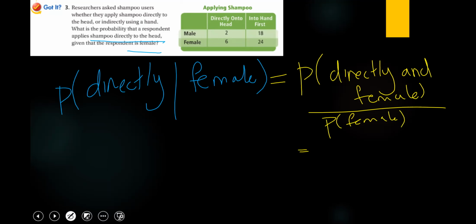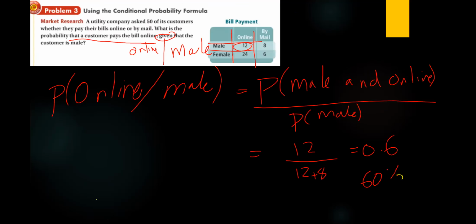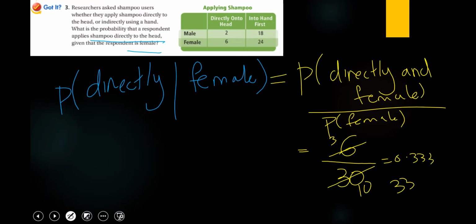What is the probability that they apply the shampoo directly and female? 6, bravo. And they are female? 30. So we have 3 over 10. So it is 0.333 or 33.3%.